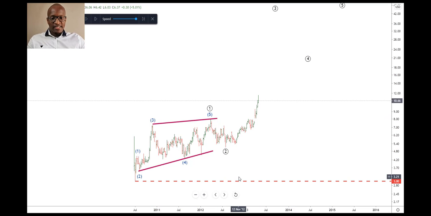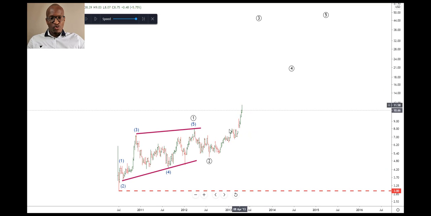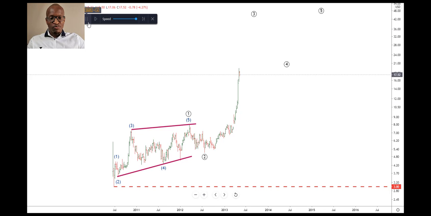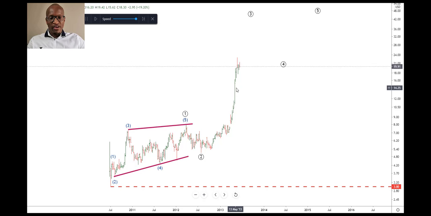So what's evident is the market is starting to accelerate, and whenever we see fast acceleration, we know we are in wave 3 of whatever degree, but we can never know exactly whether the wave 3 will be extended or how many extensions it will have. So if we continue playing this price chart, we can see this move is very aggressive.